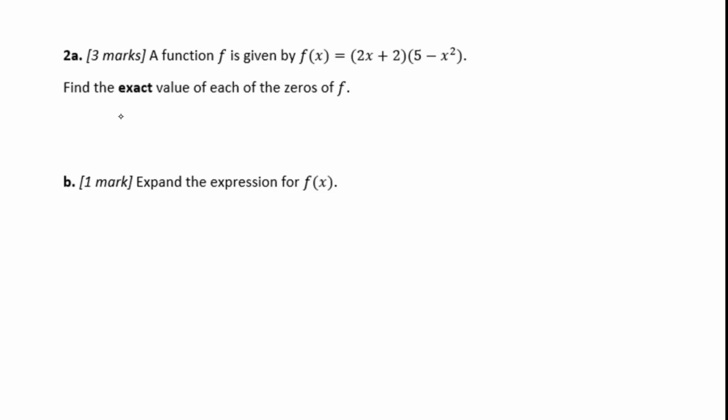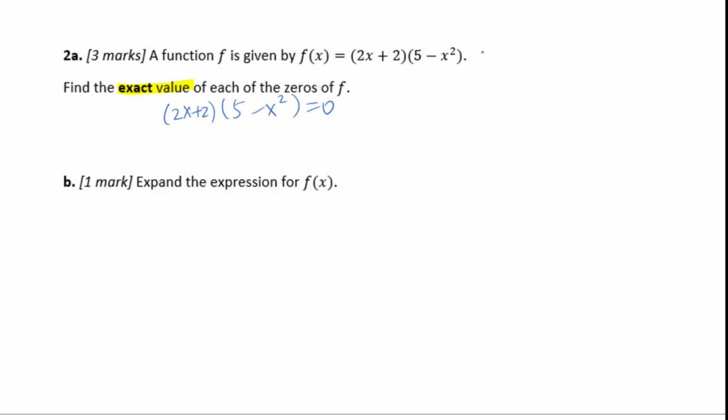For 2a, a function f is given by f of x equals (2x plus 2) times (5 minus x squared). Find the exact value of each of the zeros of f. We will set up (2x plus 2) times (5 minus x squared) equals 0.